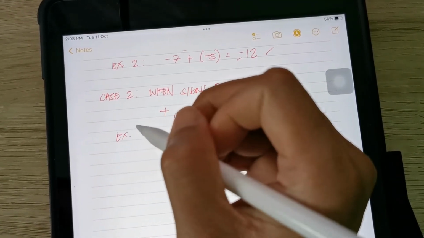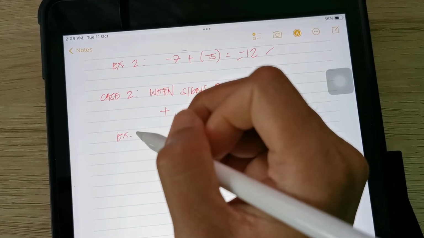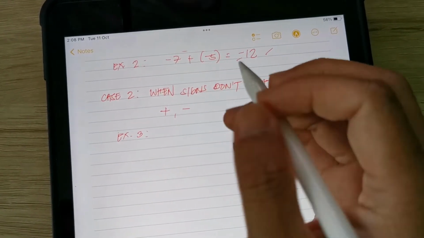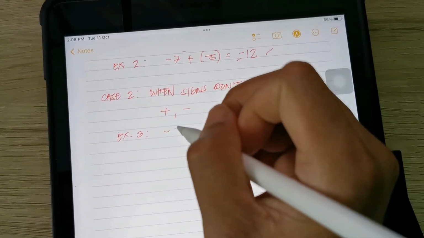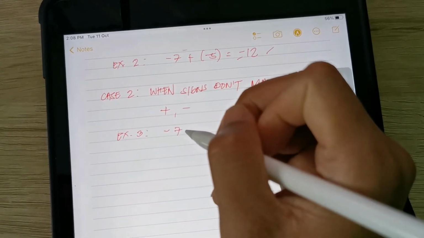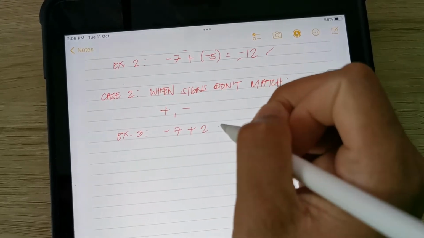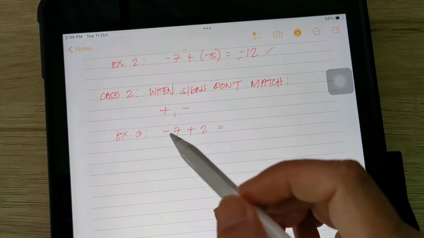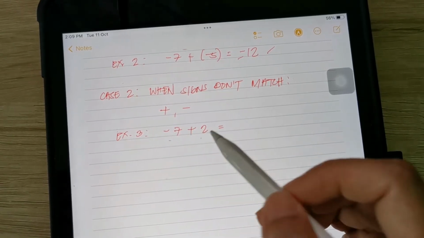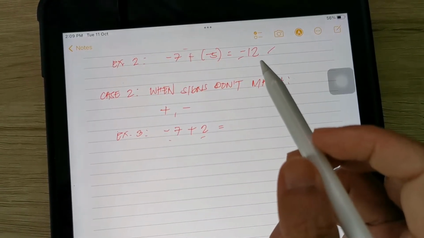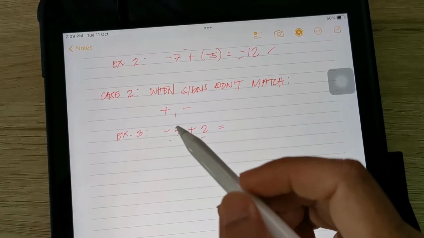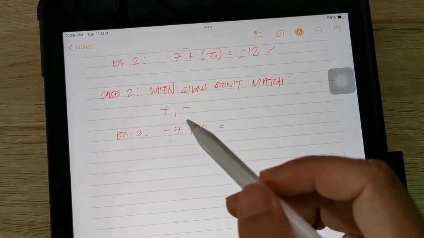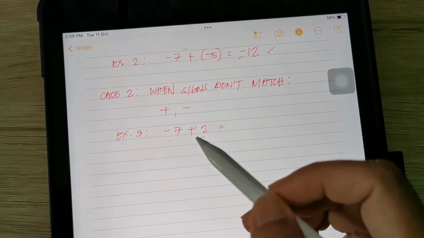Example number 3 is, say for example, -7 plus 2. So pag ganito, yung signs don't match, yung isa negative, yung isa positive, ang gagawin natin is i-subtract natin yung numbers and then copy natin yung sign ng number na mas malaki.